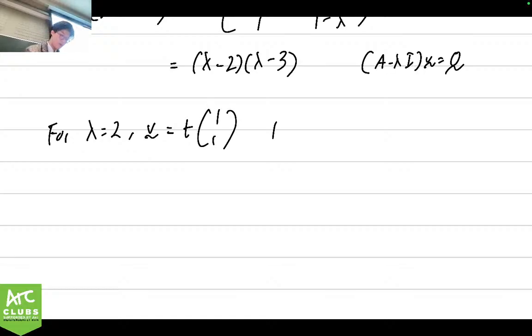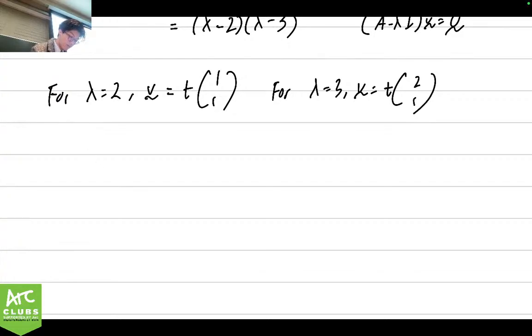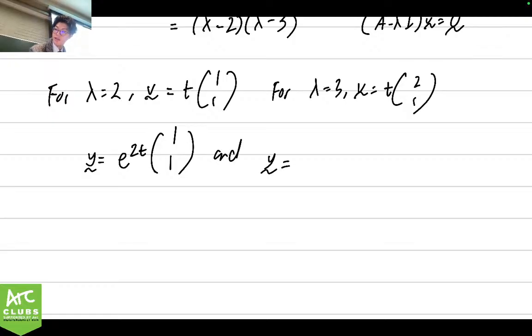And for lambda equals 3, we get the eigenvector t of 2, 1. So now we have two clearly linearly independent solutions because 2, 1 cannot be expressed as a scalar multiple of 1, 1. And so our two solutions are y equals e to the 2t times 1, 1 and y equals e to the 3t times 2, 1.